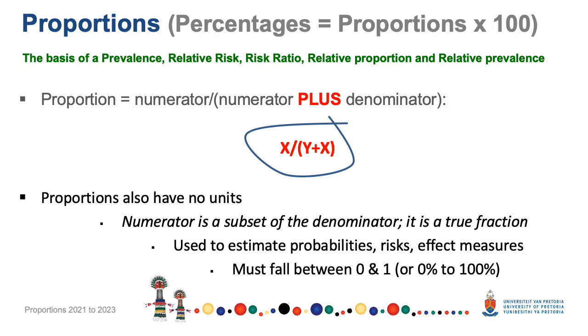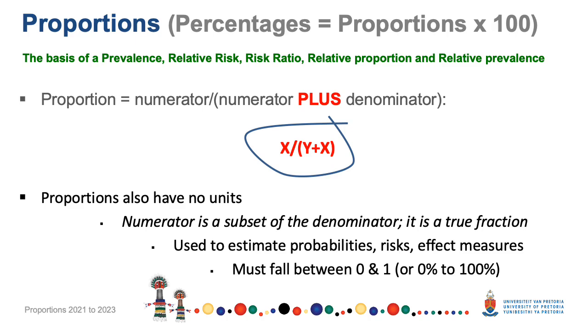Proportions are often converted to percentages by multiplying by 100. As a matter of detail, we shouldn't refer to proportions as a percentage, but you may express them as a percentage if you so wish. It's a true fraction, of course, unlike the pseudo fraction that we had with ratios.